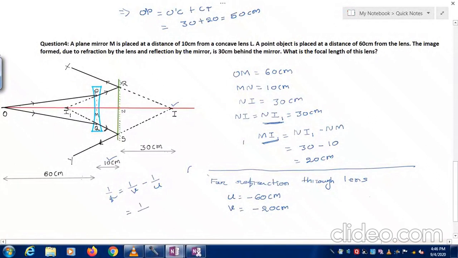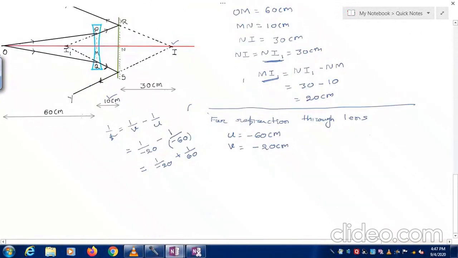Here 1 divided by minus 20 minus 1 divided by minus 60. So this is equal to 1 divided by minus 20 plus 1 divided by 60.